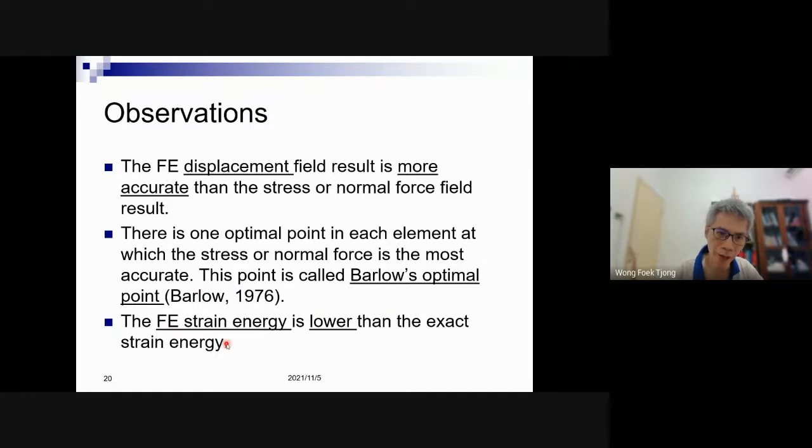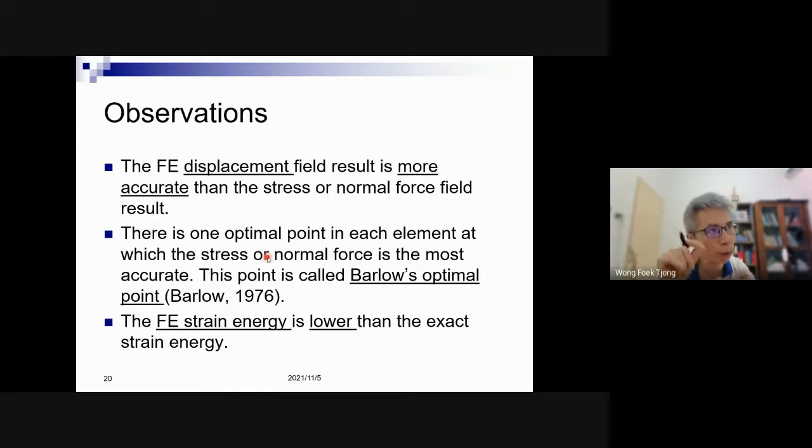And then we also see the fact that the finite element strain energy is lower than the exact strain energy. That's always like this for displacement-based finite element. This is what we call displacement-based type finite element. Okay, always like this. Not only for bar, for other problems as well. Displacement is always more accurate than the stress.